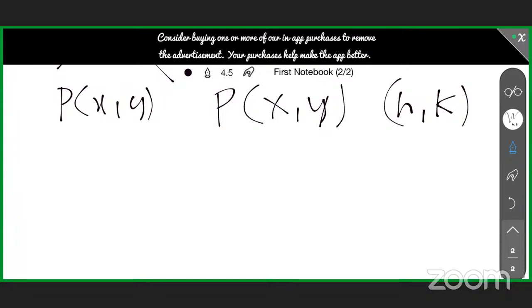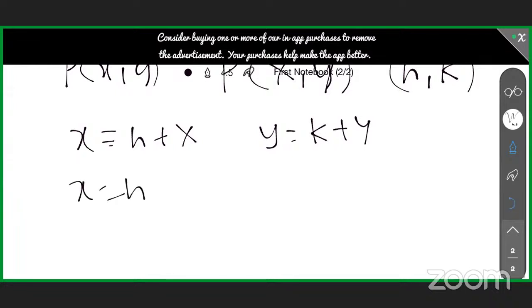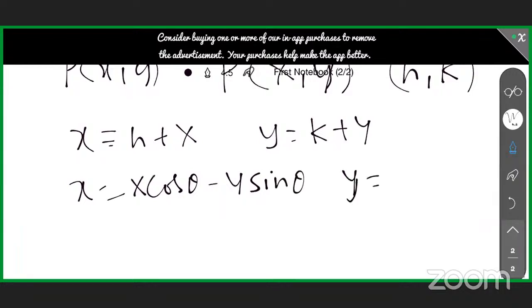You already know, no? x is equal to how much? x is equal to h plus X, and y is equal to k plus Y. And we know this one also. X is equal to x cos theta minus y sin theta, and Y is equal to x sin theta plus y cos theta.